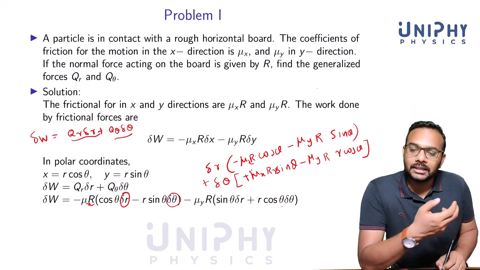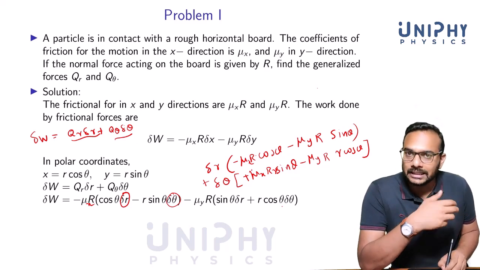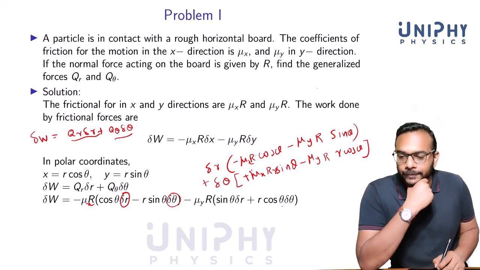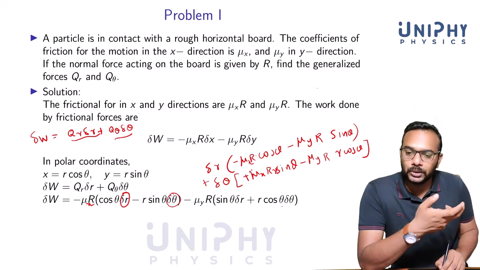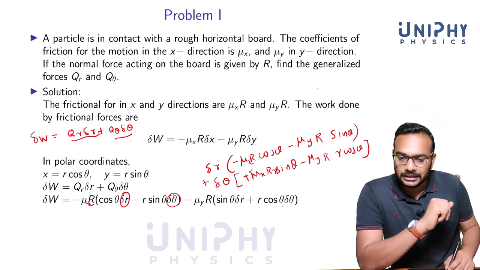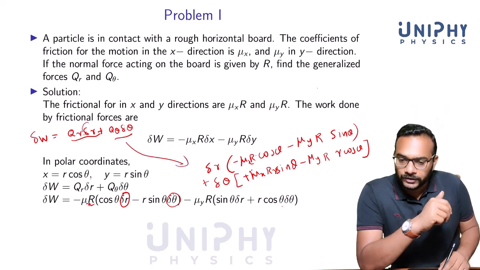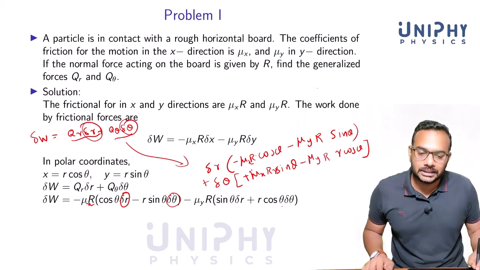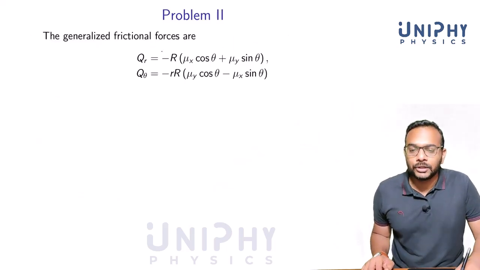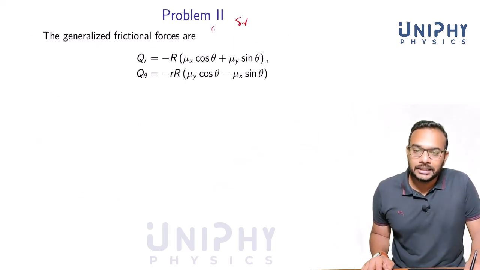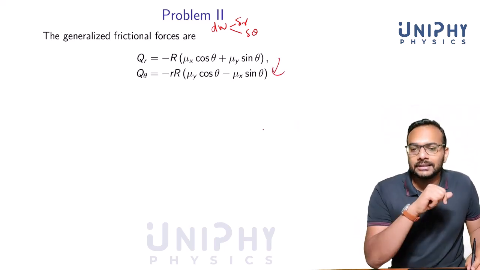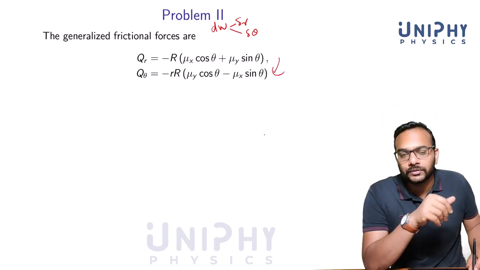Comparing this with our expression, the coefficient of delta r has to be Qr and the coefficient of delta theta has to be Q theta. That's how we identify the answer. These are the components of the generalized frictional force.